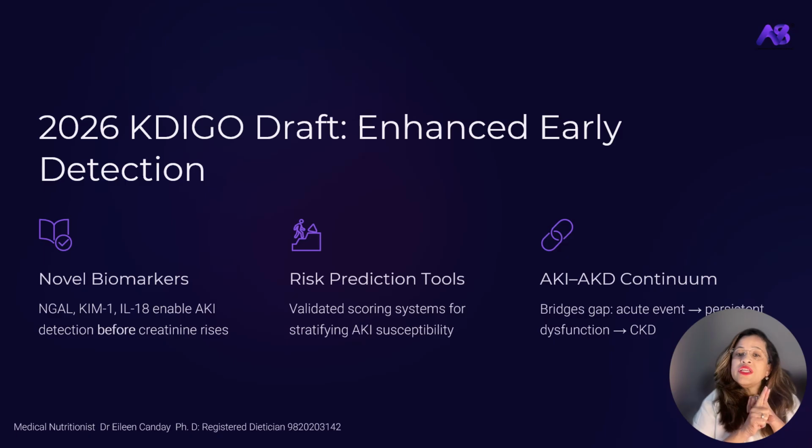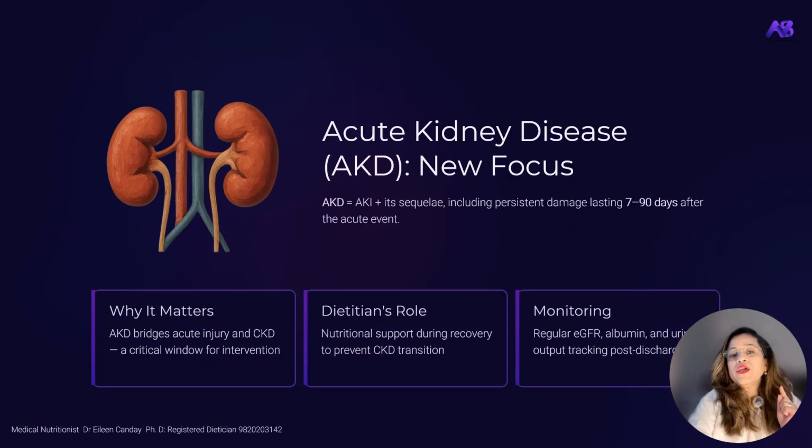That is acute kidney injury itself, acute kidney disease, and its progression to chronic kidney disease. So understanding this continuum helps us see that AKI is not an isolated event, but a potential starting point for a very long-term kidney problem, and hence nothing needs to be ignored.